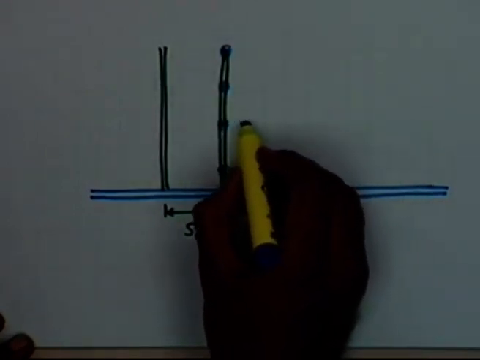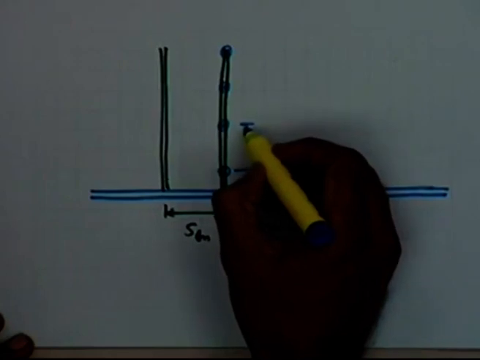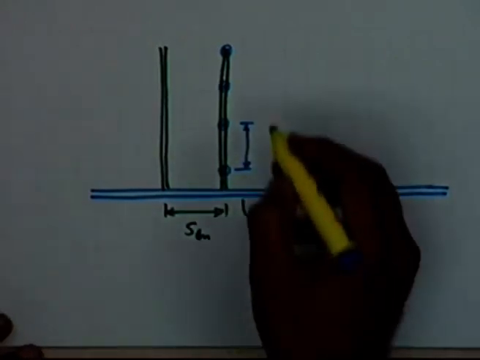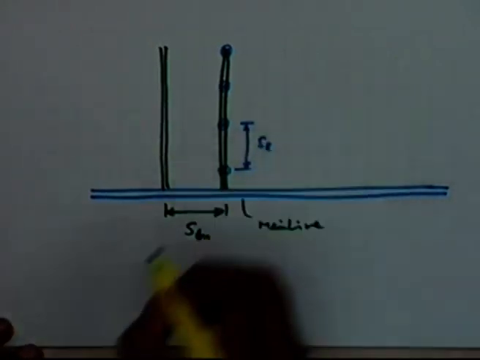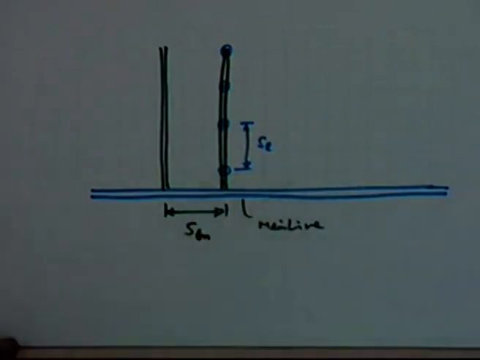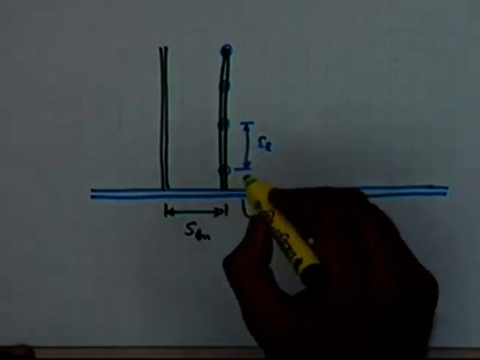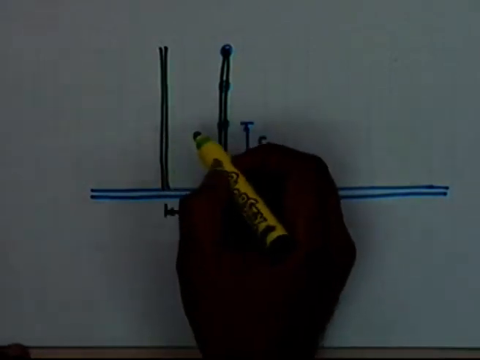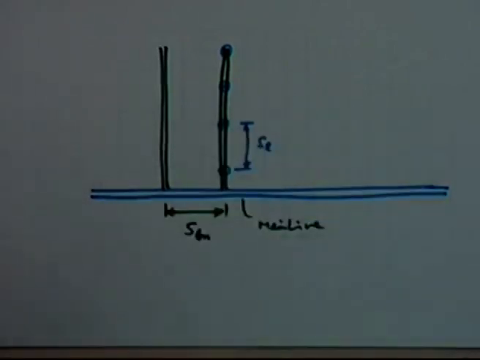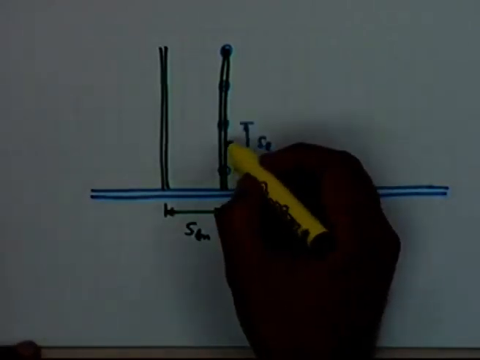The other spacing will be the spacing between the sprinkler heads on the lateral. The combination of these two spacings will give you the overlaps, and these overlaps will be in two directions.